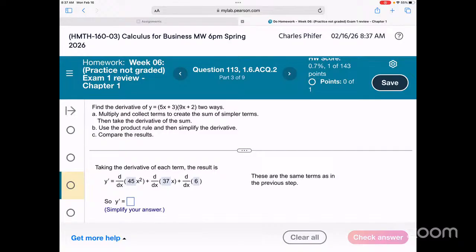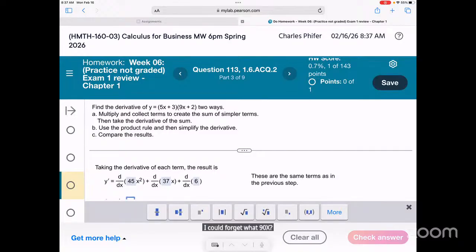Now when we take the derivative, we get 90x plus 37.